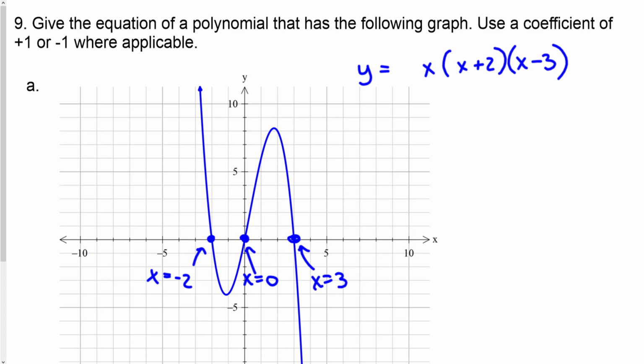Now, if you think about it, there's 3 zeros, so it's a cubic polynomial. If you think about the standard cubic polynomial, its graph looks like this. It starts in negative infinity and then goes to positive infinity. We're doing the opposite here. It's starting at positive infinity and going to negative infinity. So that means my graph is inverted. So I need a negative on the outside of this to indicate that the graph is flipped.